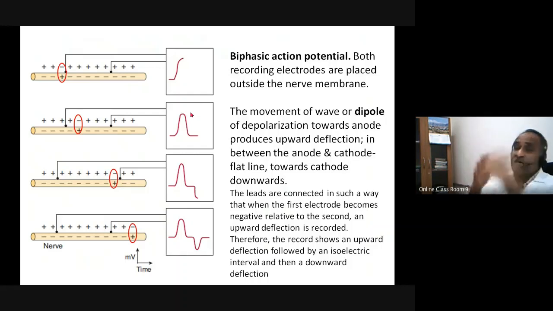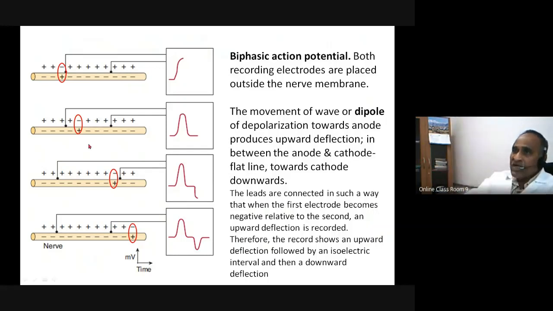If you are looking at the amplitude of the real, intracellular action potential, it will be around 100 millivolts. So that means it is nearly 1/100th of the amplitude of the real action potential happening in the nerve fiber. Suppose if I have introduced an intracellular electrode, then I could have got a 100 millivolt deflection, from the resting potential to the peak potential.